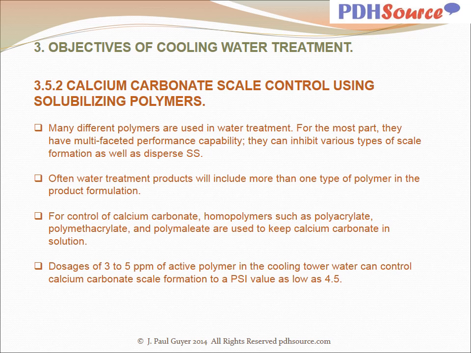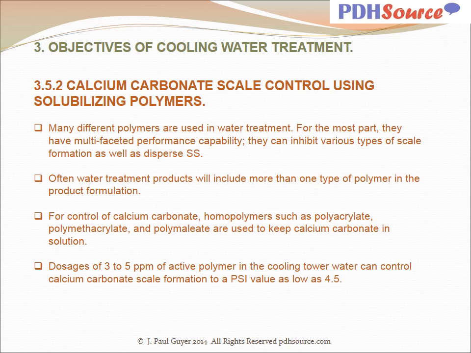With regard to calcium carbonate scale control using solubilizing polymers, many different polymers are used in water treatment. For the most part, they have multifaceted performance capability. They can inhibit various types of scale formation as well as dispersed sand and silt and so forth. Often water treatment products will include more than one type of polymer in the product formulation.